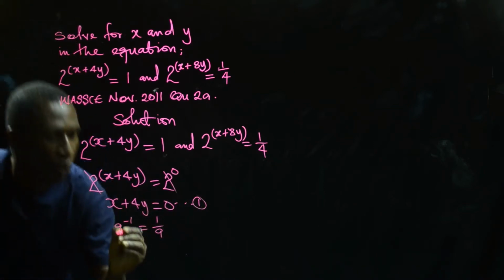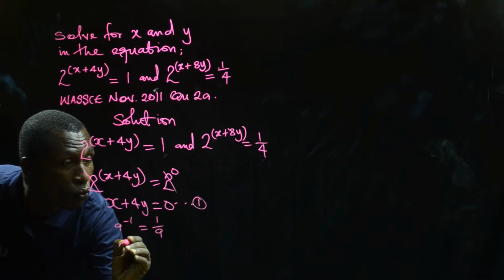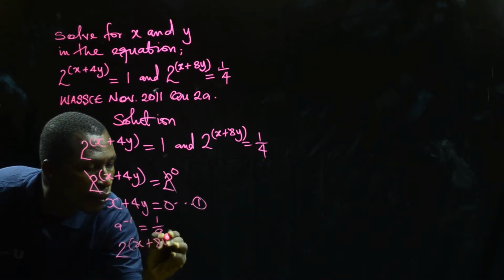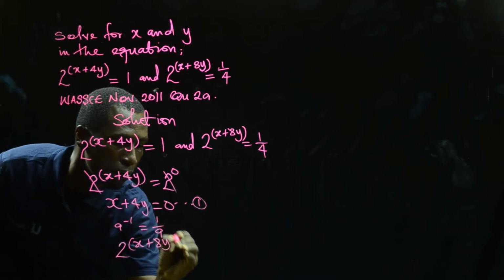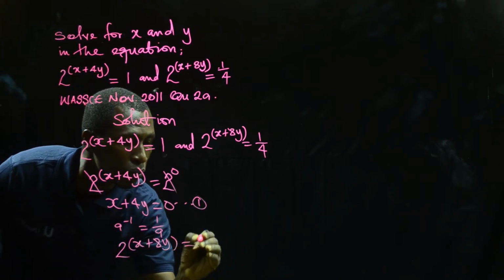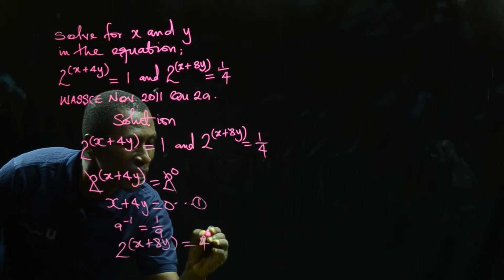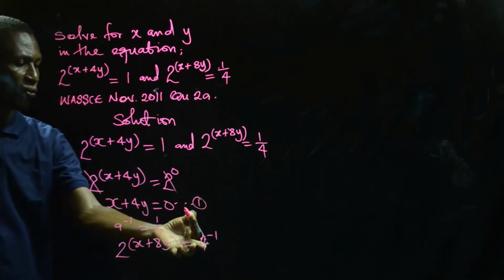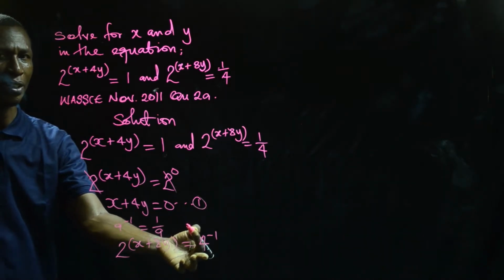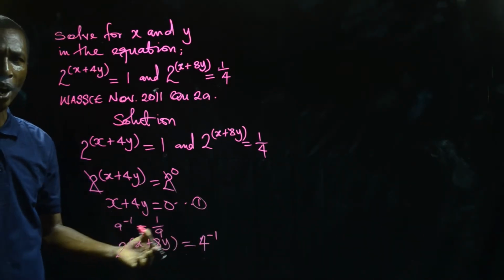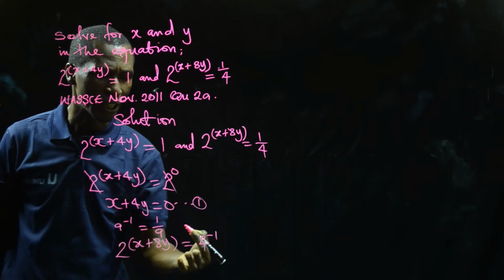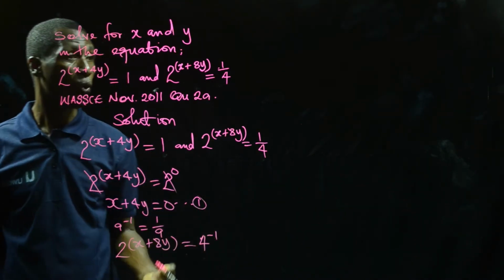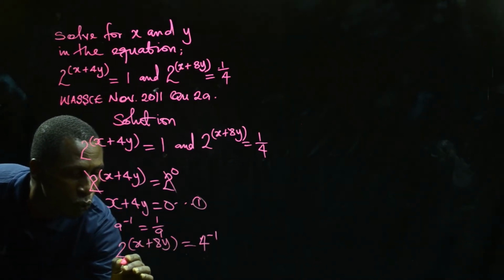So what I do now is I write my 2 to the power x plus 8y equals 4 to the power negative 1. And what I need to do now is to convert this 4 to also a power and a base. To do that, we need to know that 2 to the power 2 is going to give me 4. So I bring it down here.